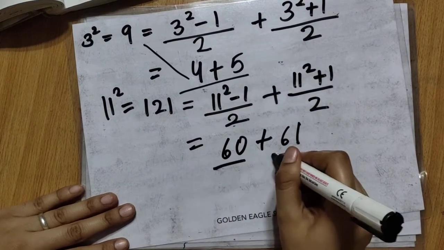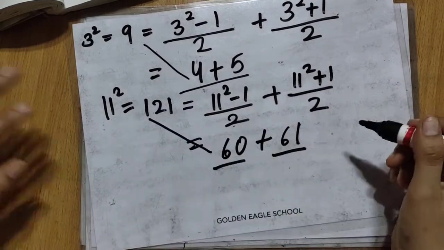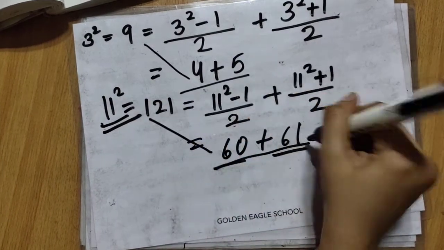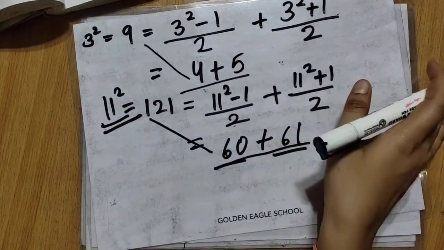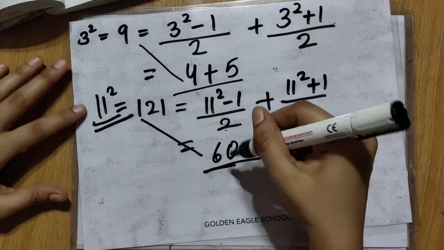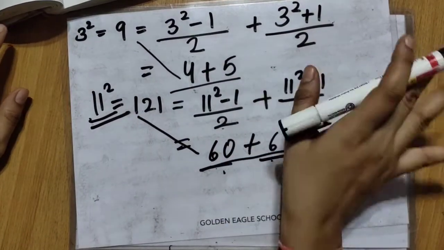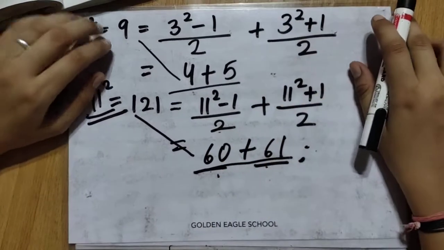So 60 plus 61 is 121. So a square number is the sum of two consecutive natural numbers. Two consecutive natural numbers means numbers which occur one after the other. So all square numbers will be the sum of two consecutive numbers.